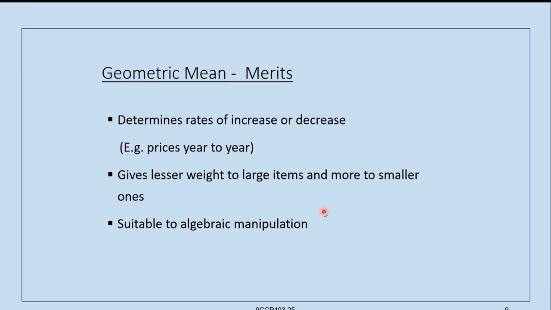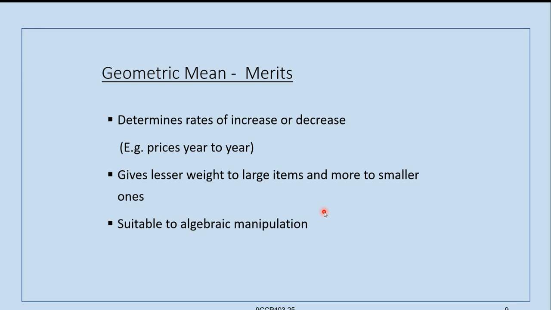The next merit is that it determines rates of increase or decrease. It indicates the rates at which the increase or decrease is behaving. Rate means at 10%, at 20%, the increase.